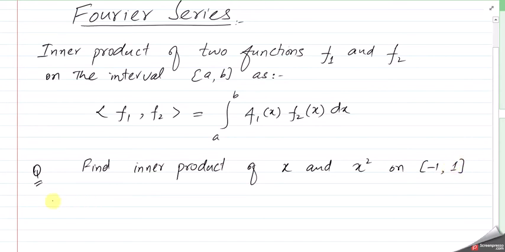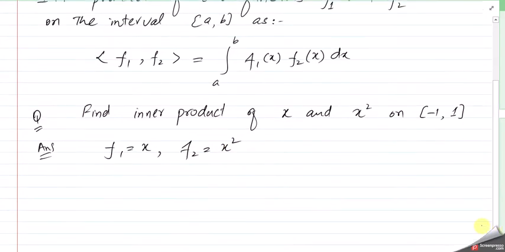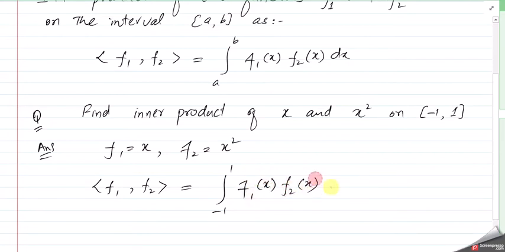So it means our answer would be, let's say if we call f1 equals x and f2 equals x square, that means f1 f2 inner product is, our interval is minus 1 to 1, f1 of x f2 of x dx.